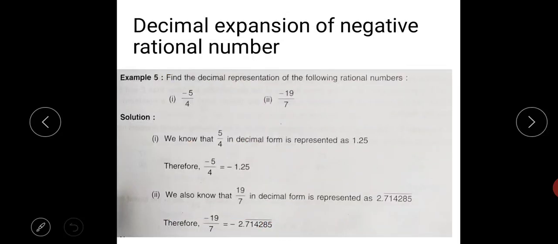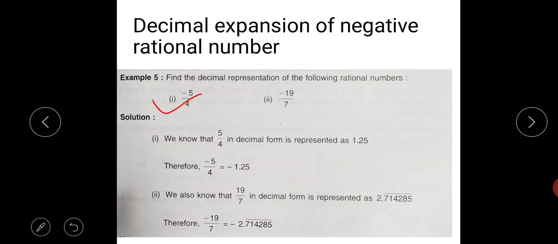Now decimal expansion of a negative rational number. First example is -5/4. Represent this rational number in decimal form. So first of all we ignore the negative sign.